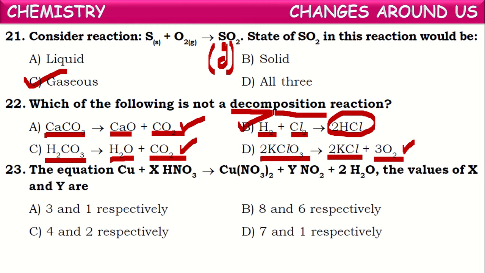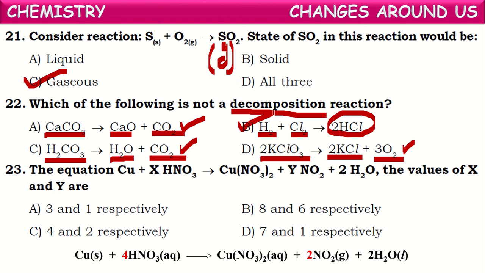The equation: copper plus nitric acid gives copper nitrate plus nitrogen dioxide plus water. The values of x and y are? To balance this equation, they have used certain variable coefficients x and y. If we make it truly balanced, what do we get in the place of x and y? That's the question here. Can you try to balance this equation?